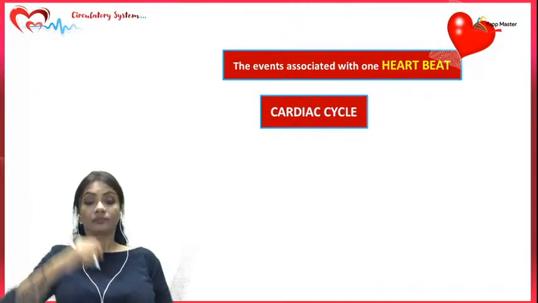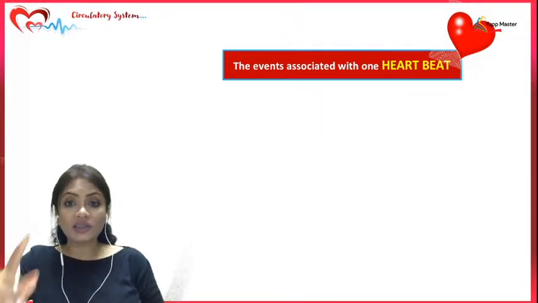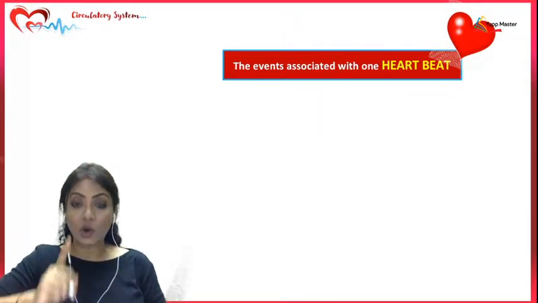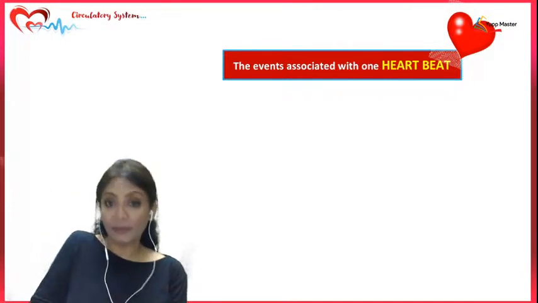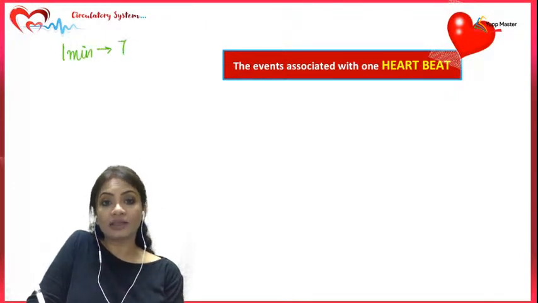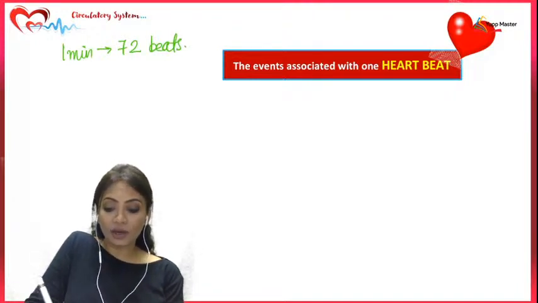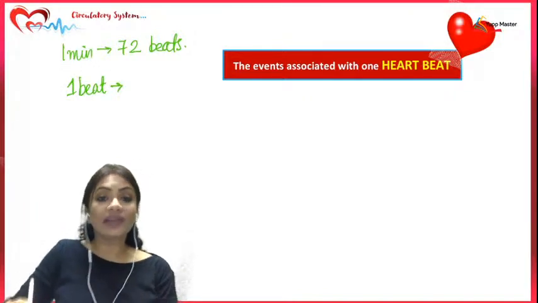Now what events are associated with one heartbeat? Only one heartbeat. Remember, in 1 minute there are 72 beats. So when we're talking about one beat, how long would that last?